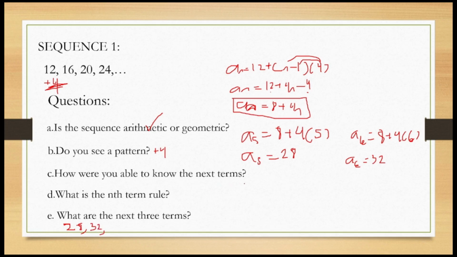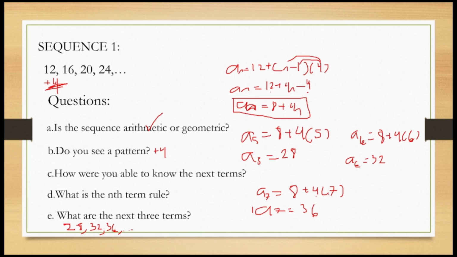And the last term we'll find is a7 equals 8 plus 4 times 7. 4 times 7 equals 28, plus 8 equals 36. So the next three terms would be 28, 32, 36, and so on.